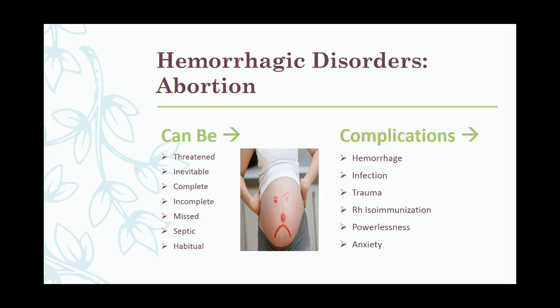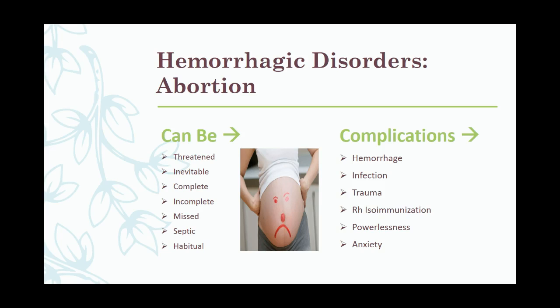They can be incomplete, meaning that there are some of the products of conception left in utero. Remember, we've talked previously about having a D&C, or a dilatation and curettage, and that is the surgical procedure where they scrape out the inside of the uterus for those incomplete abortions when products of conception are left inside. Abortions can be missed, they can be septic, or habitual.